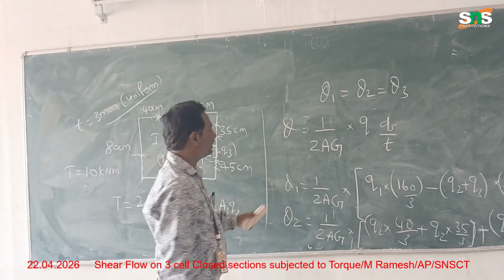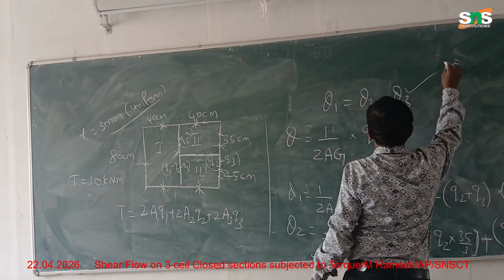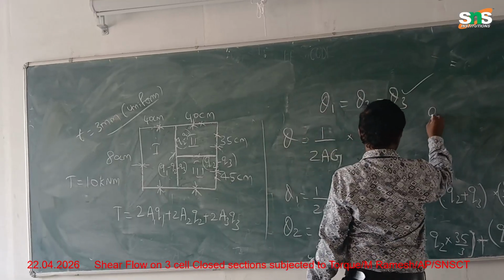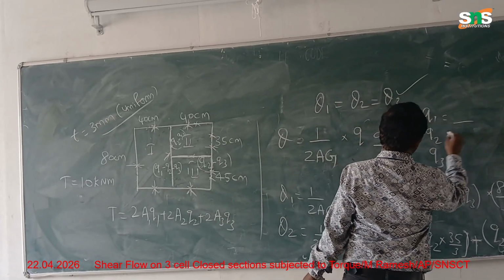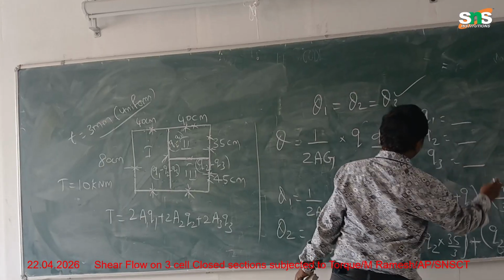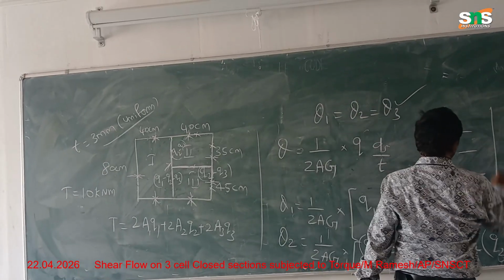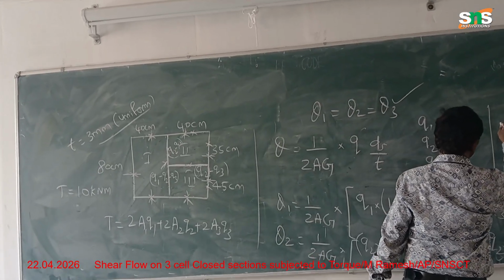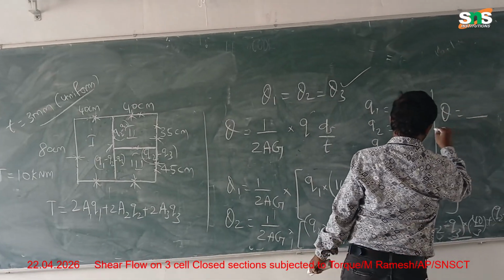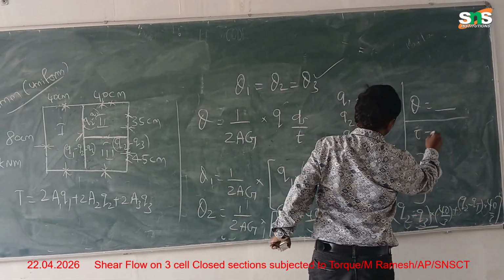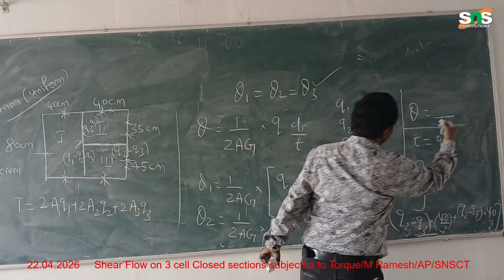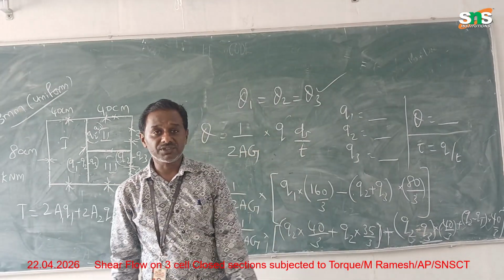Finally you substitute into the compatibility equations and you can find Q1, Q2, Q3. Then you can find the angle of twist theta, and the shear stress tau, where tau is equal to Q by t, so you can find tau 1, tau 2, tau 3.